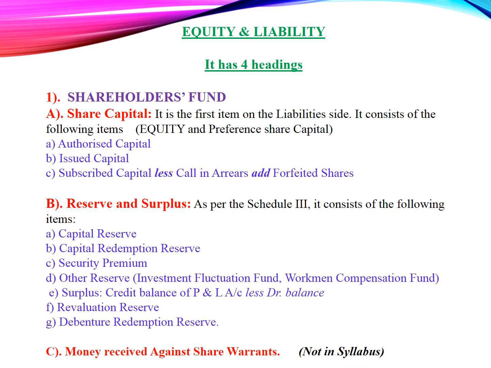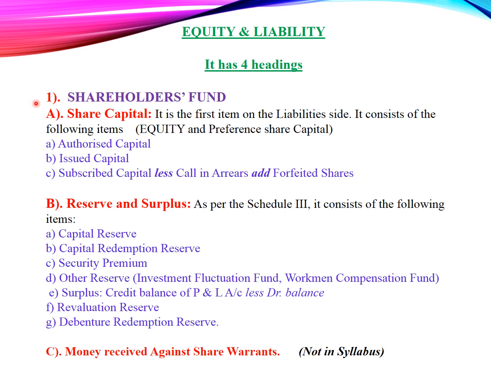First item which is placed in the balance sheet in particular columns is equity and liability. It contains four main headings. First heading of equity and liability is shareholders fund, which further consists of three subheadings. First subheading under shareholders fund is titled as share capital.